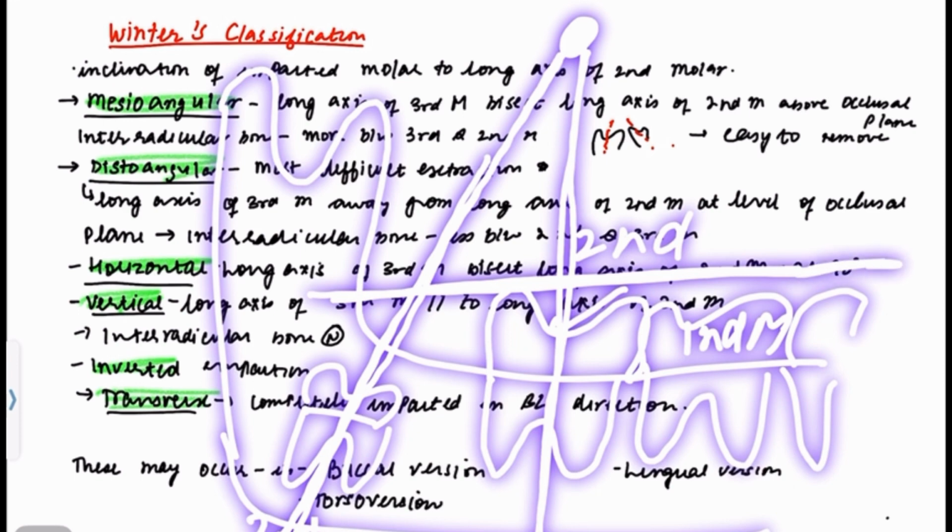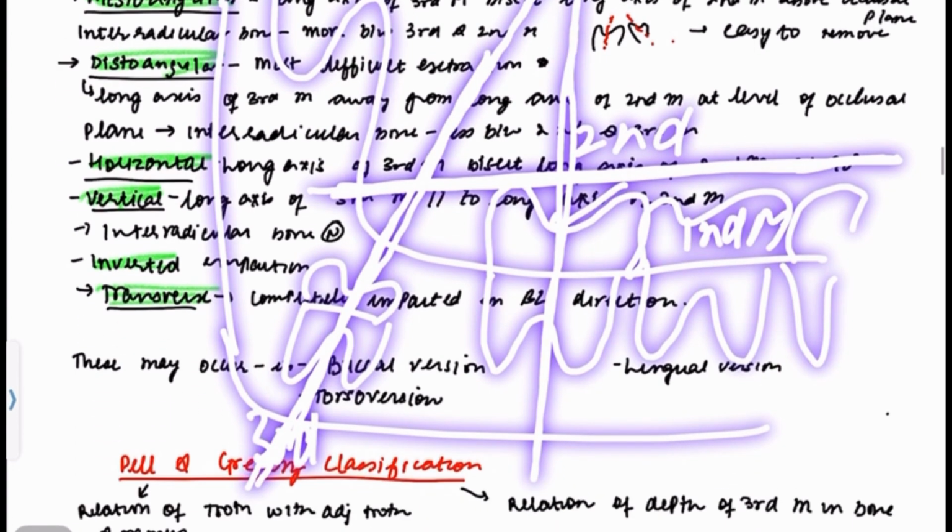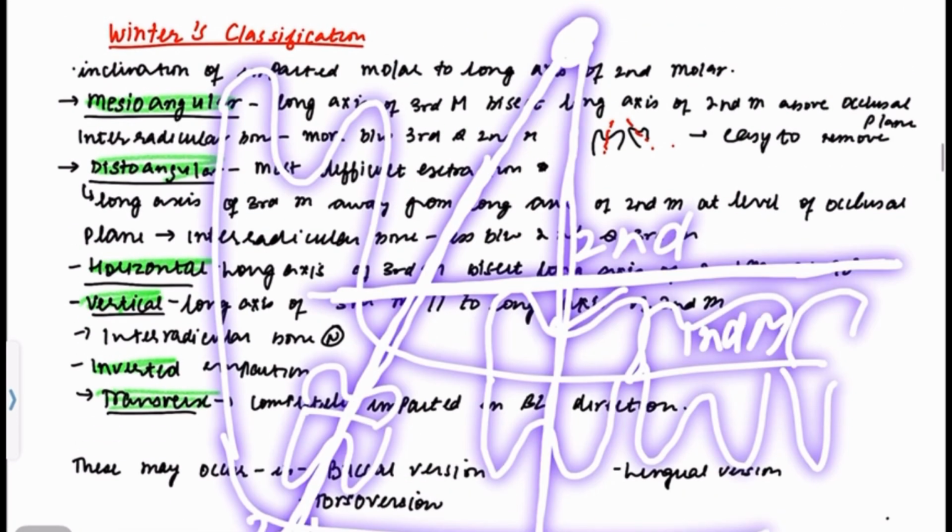This bisecting point of the long axis of the third molar and second molar is above the occlusal plane. This is mesioangular. So this tooth is angulated in such a way that it is towards the second molar, and this bisecting point is above the occlusal plane.